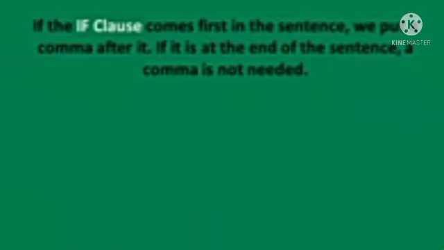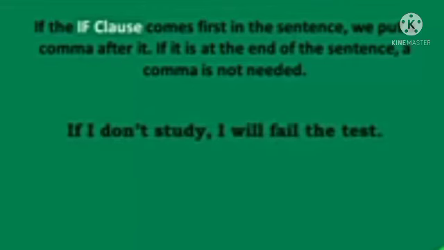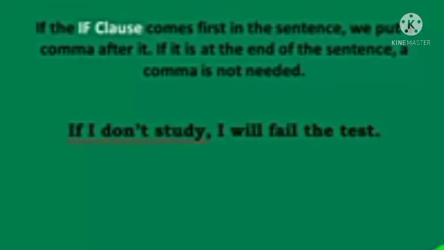If the if clause comes first in the sentence, we put a comma after it, and if it is at the end of the sentence, a comma is not needed. In the example, it is: if I don't study, I will fail the test. How can we write it otherwise?